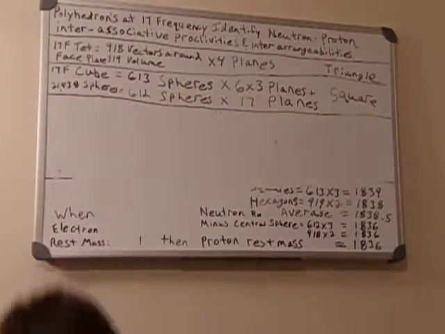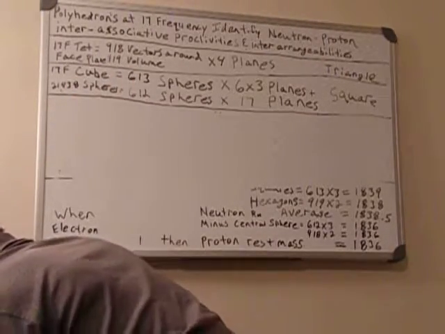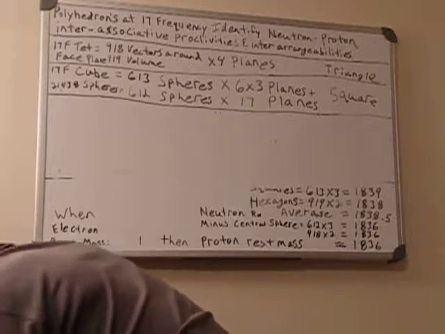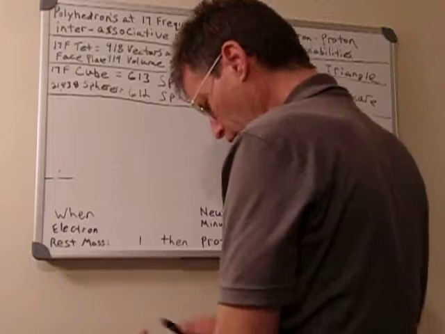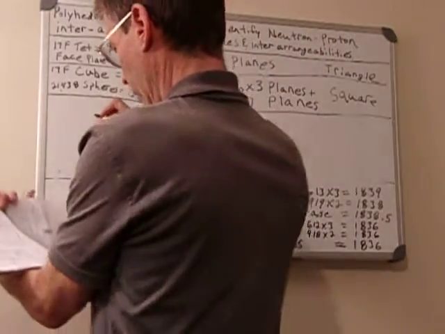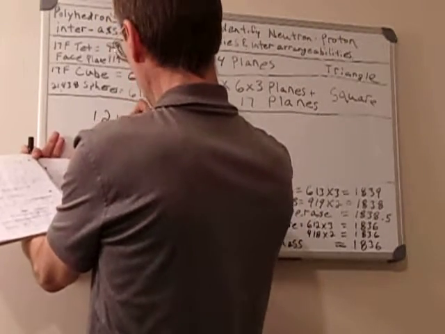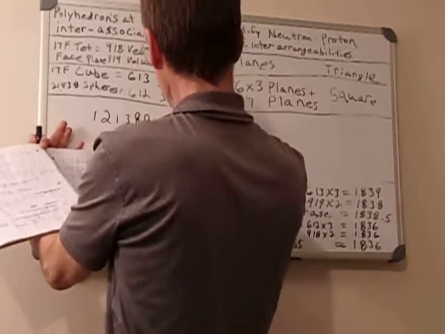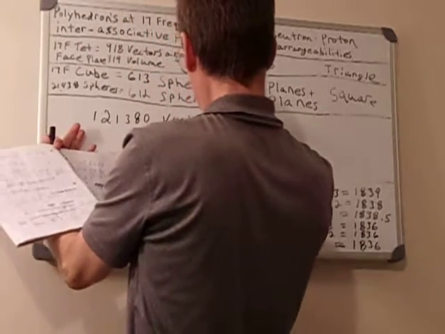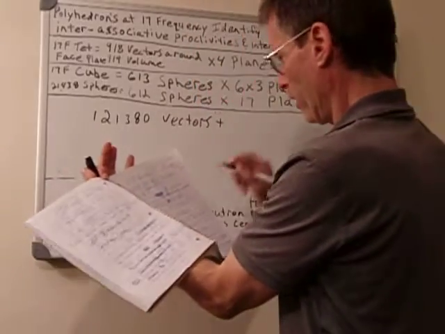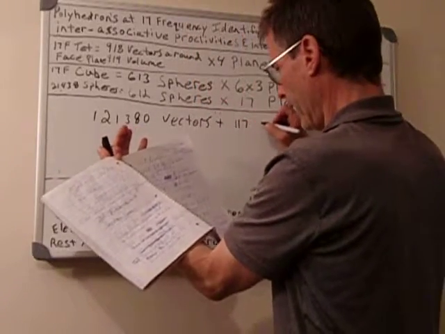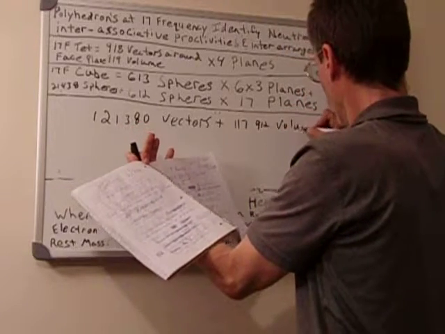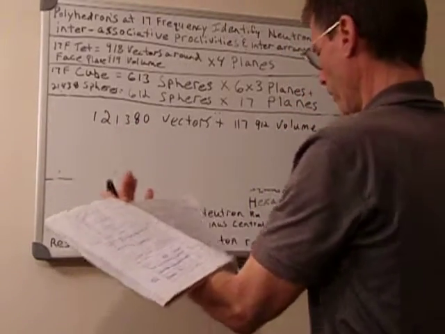You saw what happens on the faces and planes of the 17 frequency polyhedrons. In the 17 frequency cube, you have 121,380 vectors, plus you have 117,912 volume tetrahedral volumes, as I've been explaining.